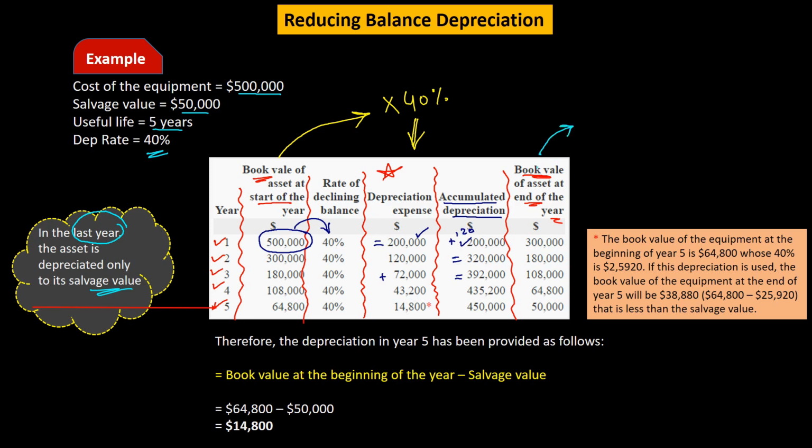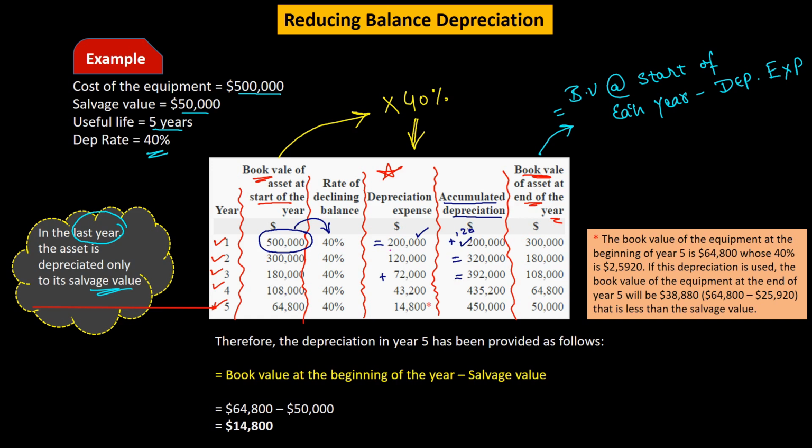So in order to calculate the book value at the end of each year, we need the book value at the start of each year, and we will less depreciation expense for the year from this amount, and that's how we will calculate book value of asset at the end of each year.